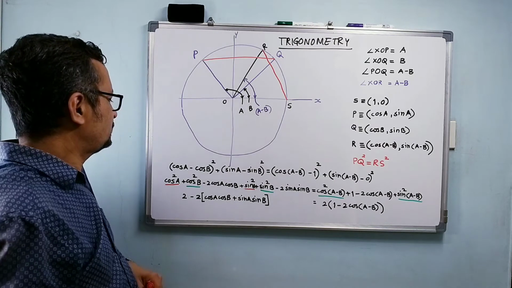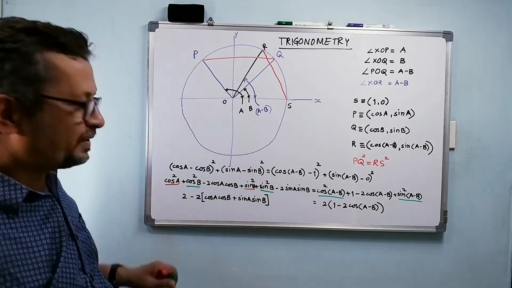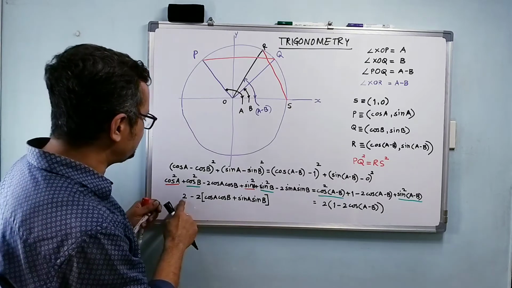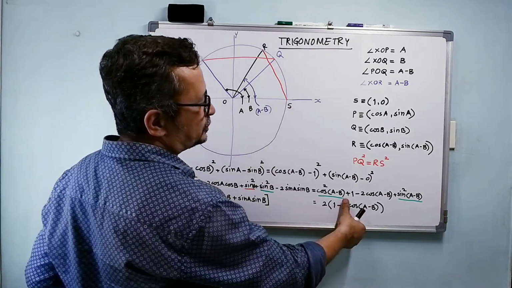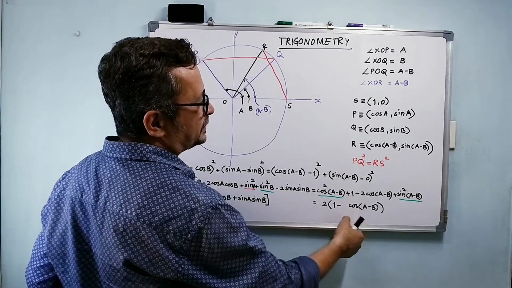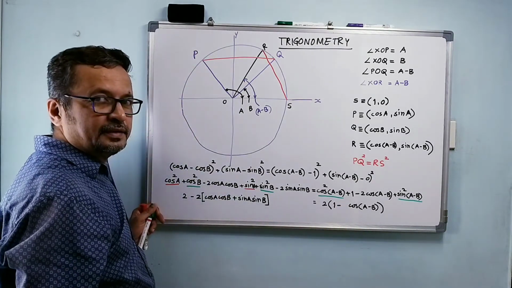Now I'm going to divide by 2, and I see a 2 here, here, and here, right? So I can cancel my 2.